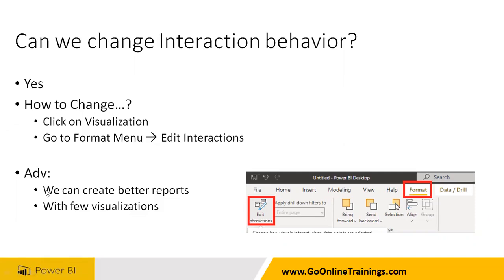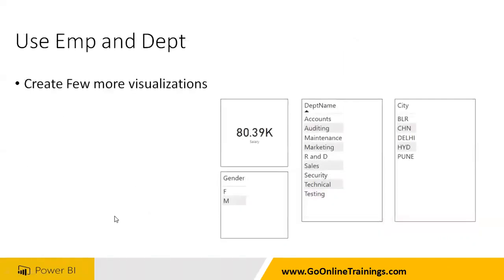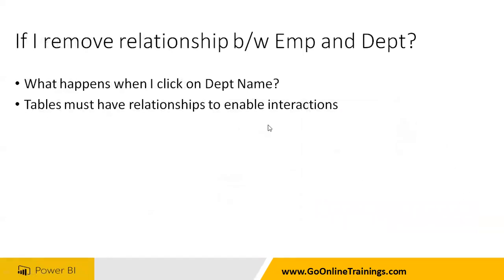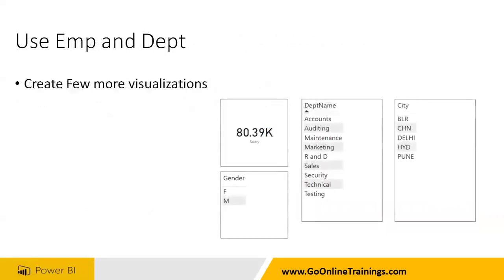Okay, so the advantage of this kind of behavior is that we can have better visualizations, better reports, and we can create only a few visualizations. Create a few more visualizations like that, and you will be able to perform these changes, and you can also do some settings.